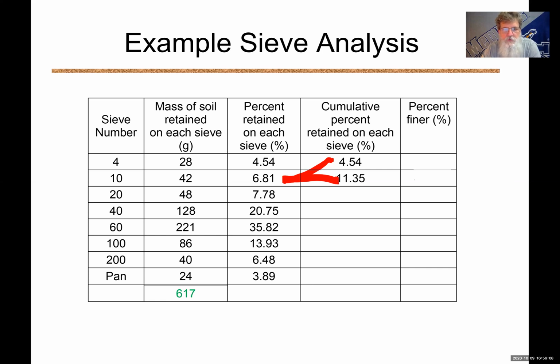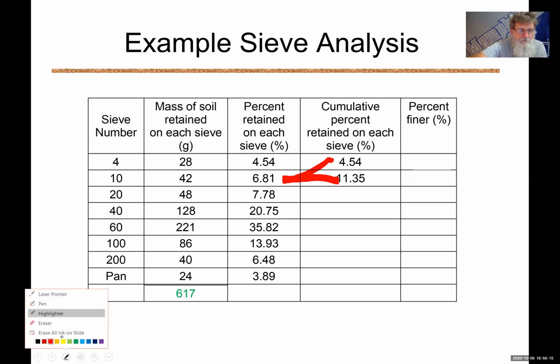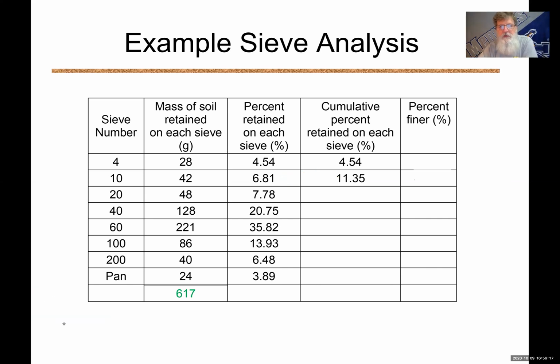4.54 plus 6.81 gives me 11.35. And you can continue that. The next one would be that 11.35 plus 7.78.